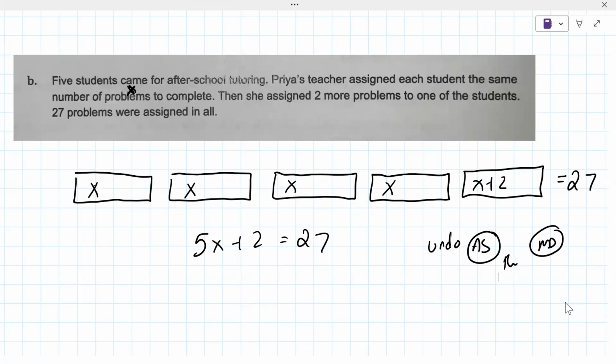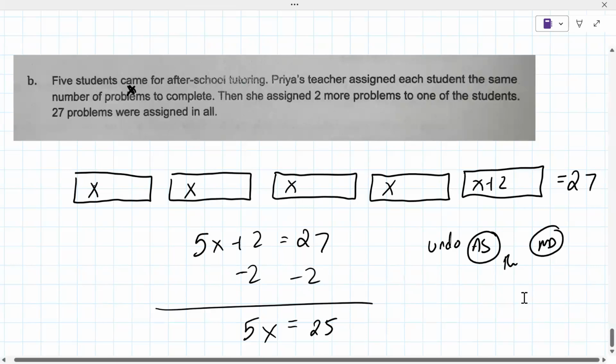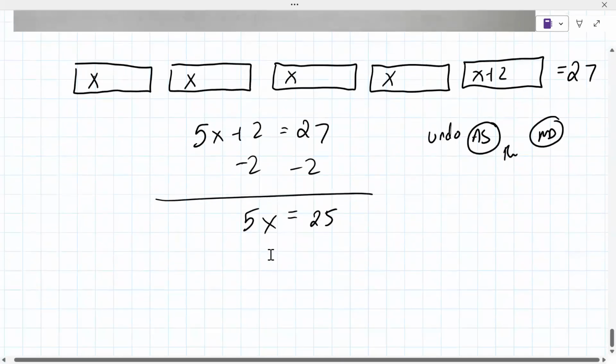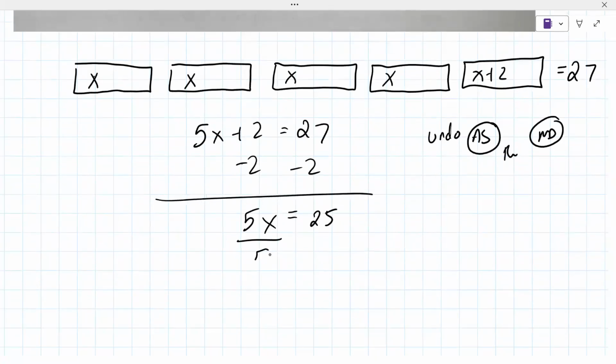Would it be 15? So when you subtract 2, you get 25. And then how do you undo the 5 in front of the X? You divide. So what does X equal? 5. Very good.